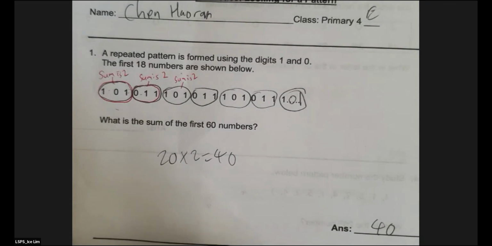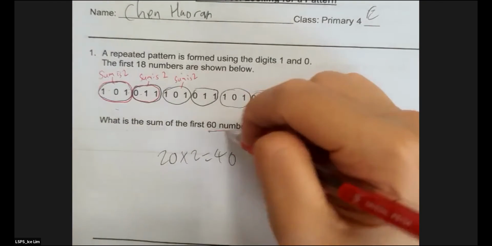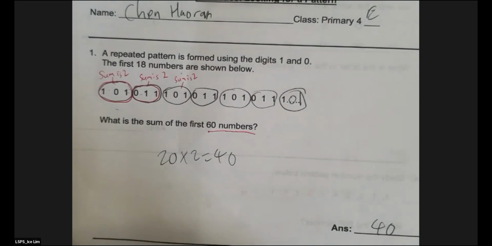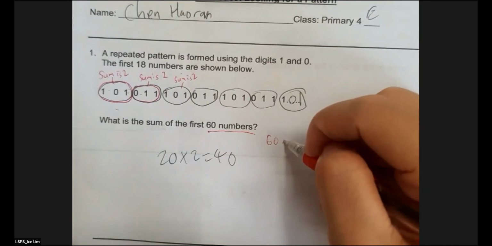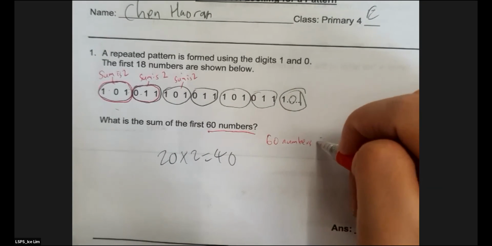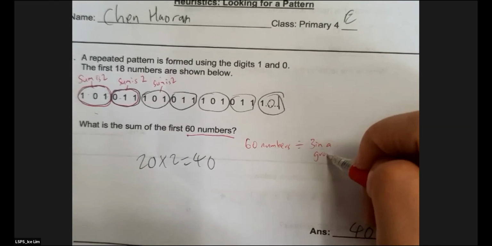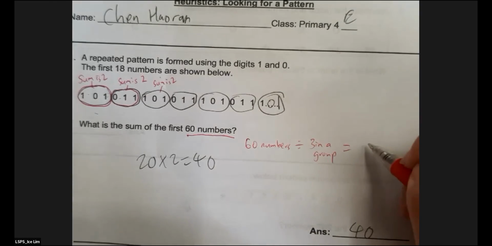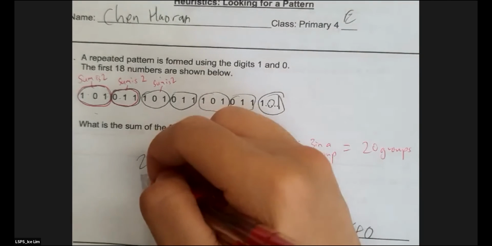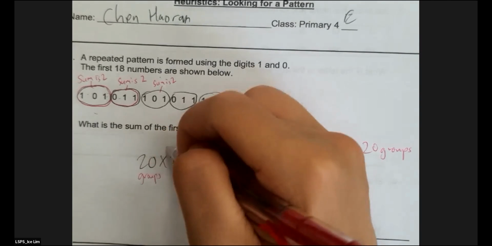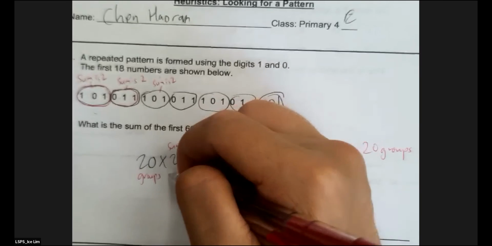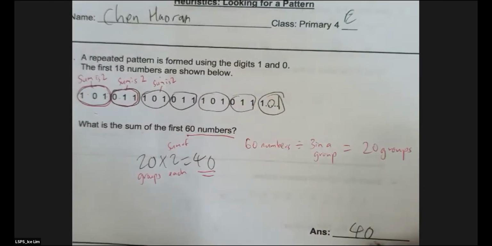And what he did was 60 divided by 3, which gets 20 groups. And 20 groups times a sum of 2 each gives a total of 40.